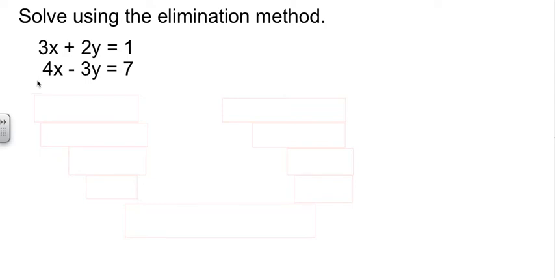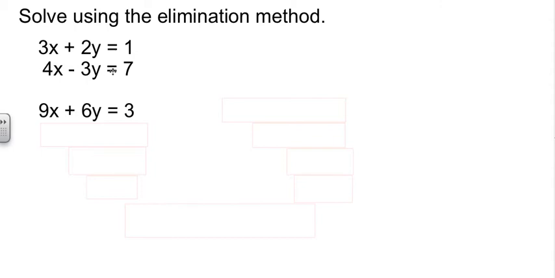I have an option. I can pick on x and try to make these opposite of each other, or I can pick on y and try to make these opposite. I'm going to choose to pick on y. So I want to make both of these numbers the same. If I multiply the top row by 3, I get a 6y.